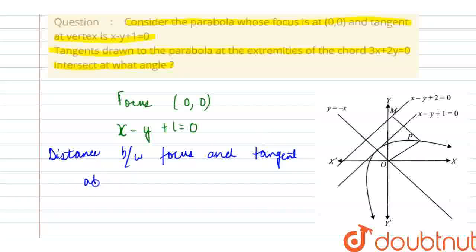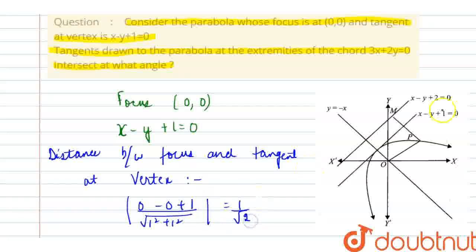We can find that by using the distance formula. So this distance would be equal to mod of, substituting (0, 0) here, 0 minus 0 plus 1 upon under the root of 1 square plus 1 square. So the distance comes out to be 1 upon under the root of 2.